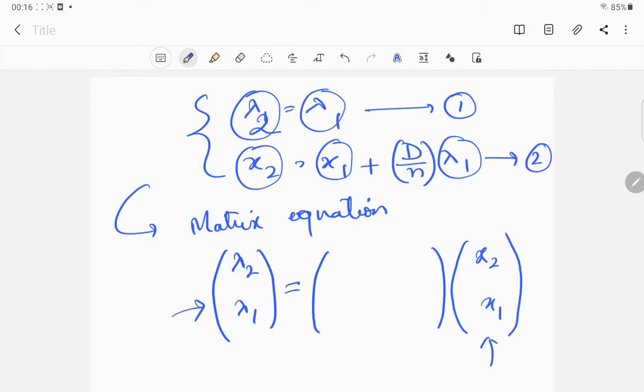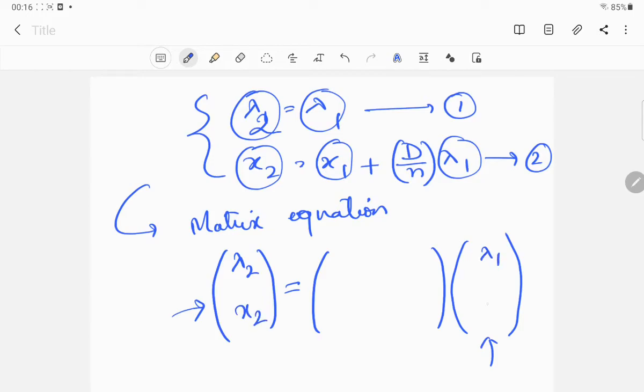Okay, so first equation, lambda 1 is equal to lambda 2. So what should be the value? Sorry, I have committed one mistake. So it should be lambda 2, it should be x2 because they are second variables.